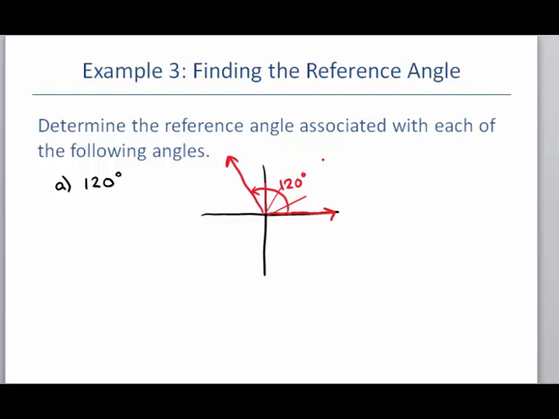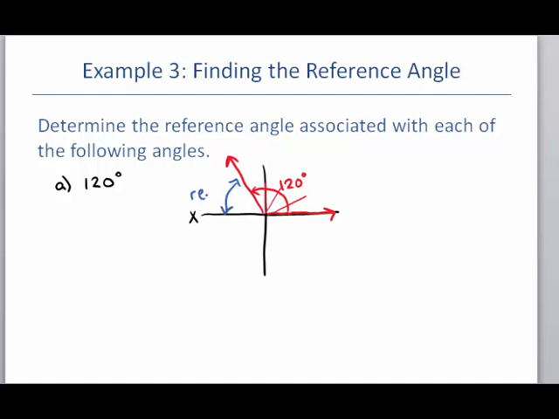Now, the definition of the reference angle said that the reference angle lies in between the terminal side of the angle, which is here, and the x-axis. Remember that your x-axis is this horizontal axis. So your reference angle is going to be in between the x-axis and the terminal side of the angle. And so your reference angle is going to lie right here.